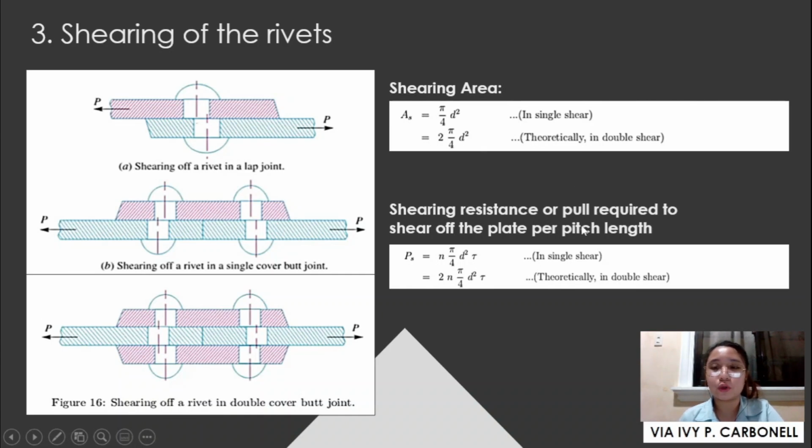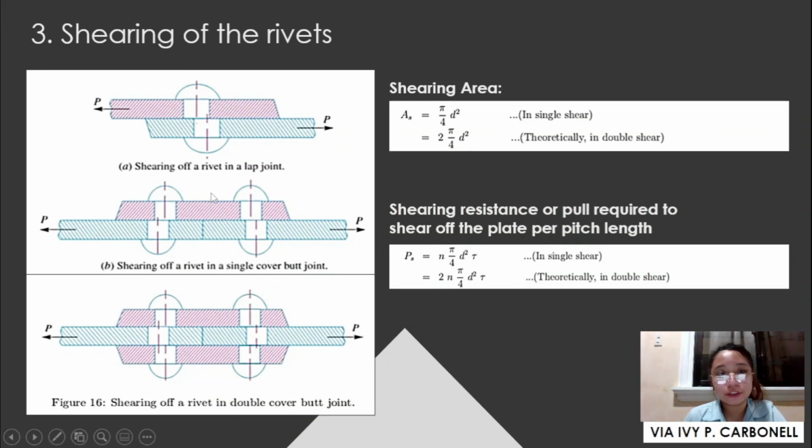The shearing resistance, or pull required to shear off the rivets per pitch length, is computed using the formula n multiplied by pi over 4 d squared multiplied by the shearing stress for single shear, and 2 multiplied by n, the number of rivets, multiplied by pi over 4 d squared multiplied by the shearing stress for double shear. As you can see in the picture, these are examples of the shearing of the rivets.